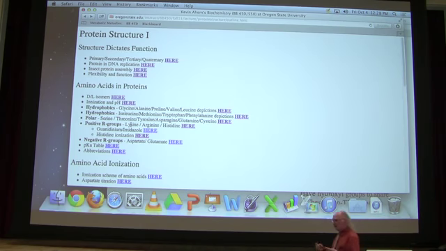Whenever I talk about an ionizable group, whether it's an alpha carboxyl, an alpha amine, an R group amine, or an R group carboxyl, which we'll see in a minute, any of those can ionize. Anything that can ionize will have a pKa if it's a weak acid, and all of these are weak acids. So each of these will have their own pKa value.